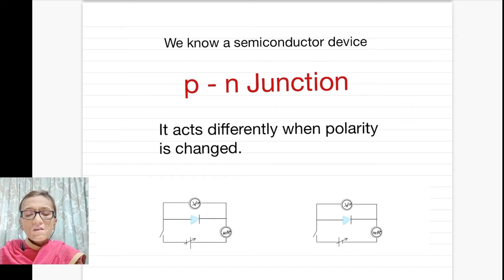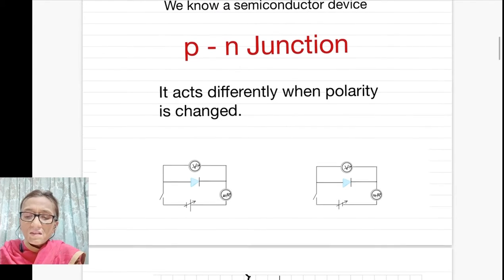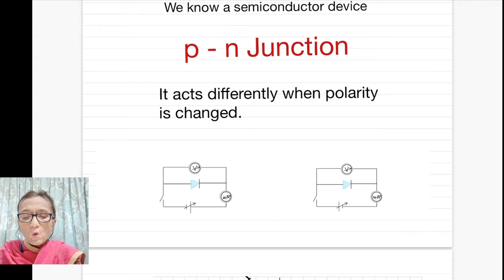For that we use a semiconducting device called the PN junction. This is the symbol of a PN junction. There are two kinds of biasing. When the broad end side of this triangle is connected to the positive of a battery, this connection is called forward biasing.